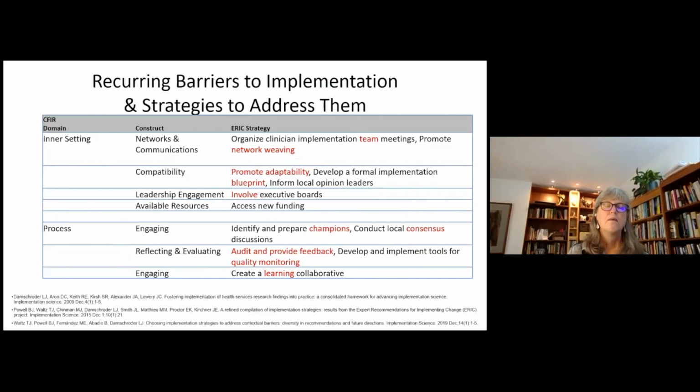In our work across several different studies of barriers and facilitators, we get repeated occurrence of constructs. Networks and communications, how do people work together? Compatibility of the innovation with the clinical setting, leadership engagement, available resources, and a big gap in process. All too often people use what I call the hero model of implementation, where there's one champion who is really dedicated and enthusiastic and committed to making implementation goals.